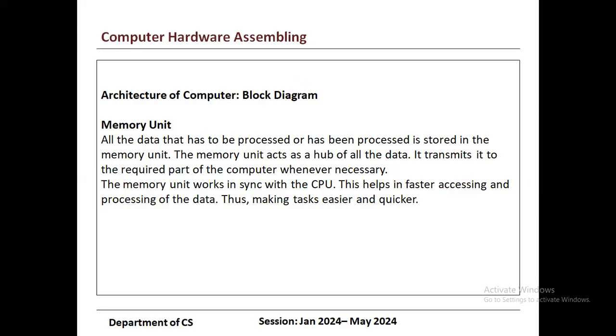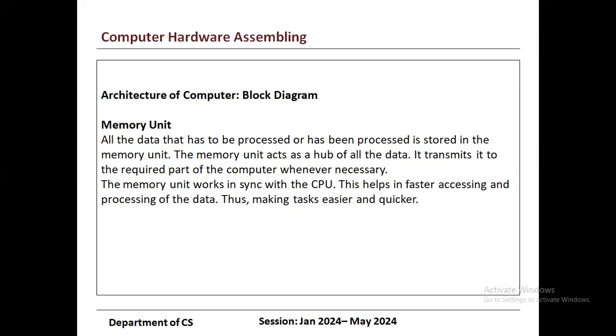So here is the function of the memory unit. All the data that has to be processed or has been processed is stored in the memory unit. The memory unit acts as a hub of all the data. It transmits it to the required part of the computer whenever necessary. The memory unit works in synchronization with the CPU.